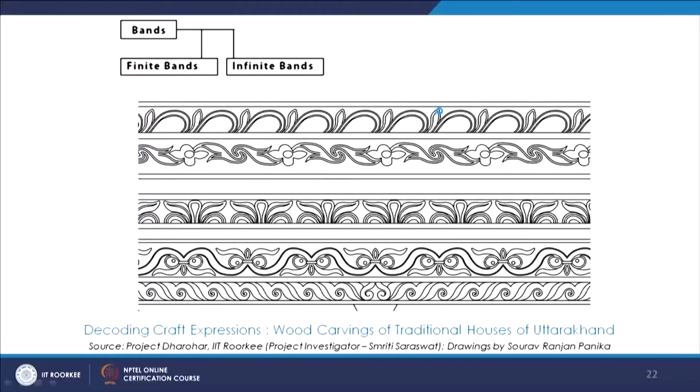So there are some common organizing principles and systems of working. The material and technique definitely varies, the regional variations are in place, but there are a few very common guiding principles and systems that have been put in place. Again, some bands that we see over here and the kind of motifs which are seen.